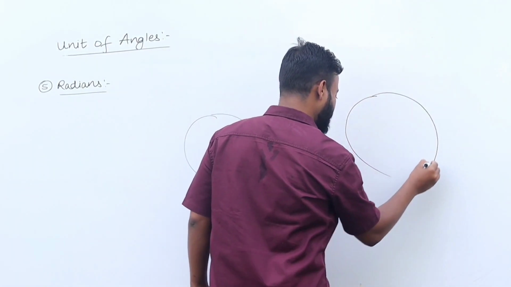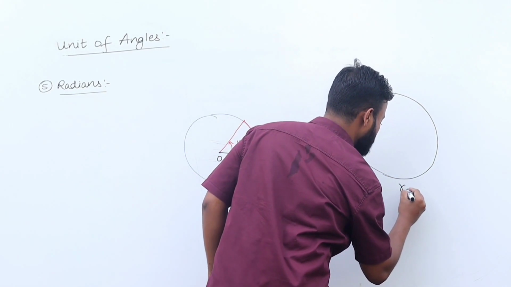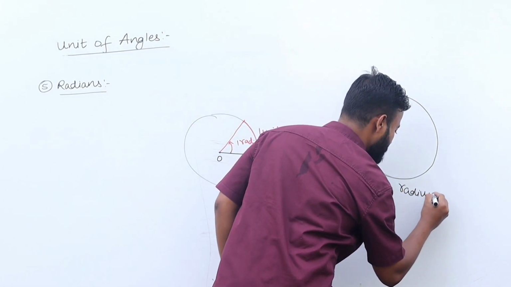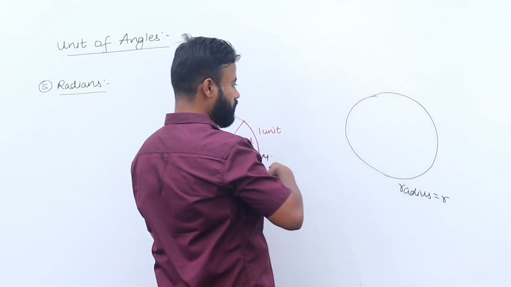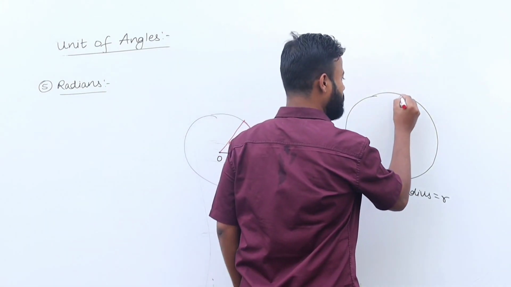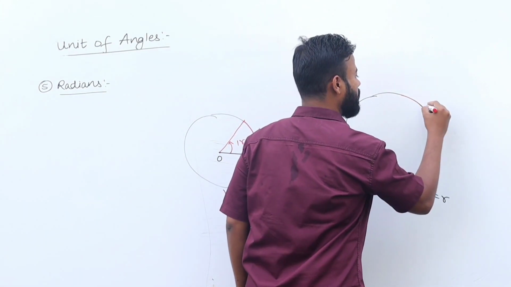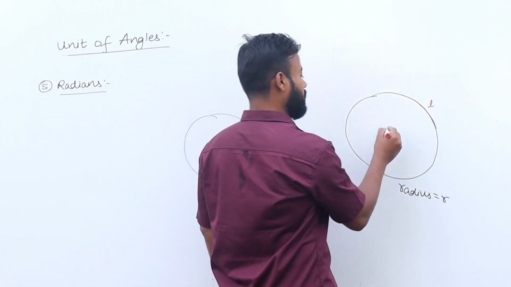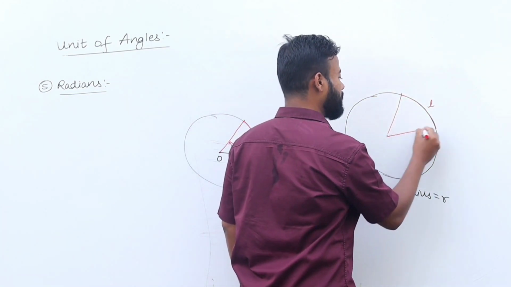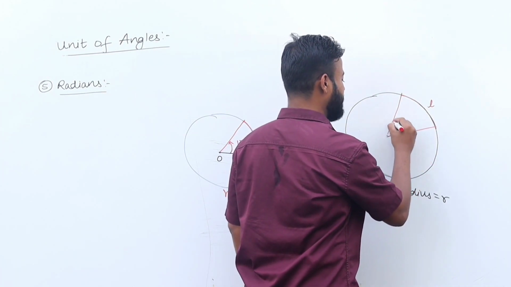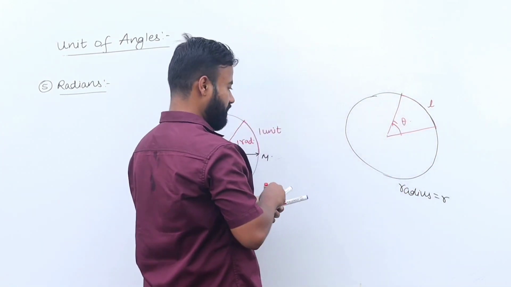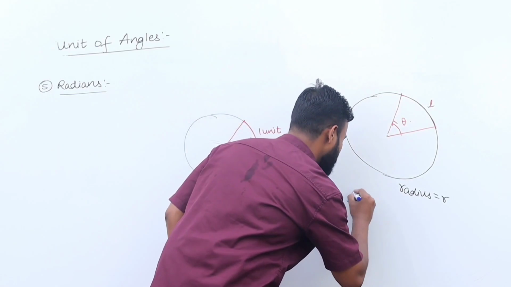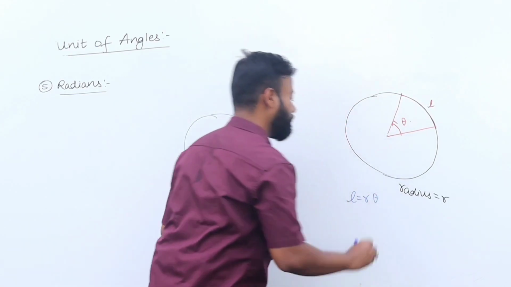Suppose this is a circle of radius R, and suppose the arc is of length L. The angle theta subtended by this arc at the center is given by this relation: L is equal to R theta.